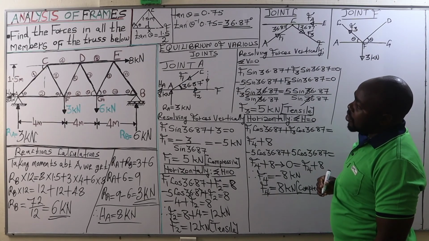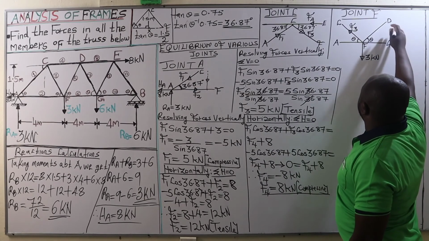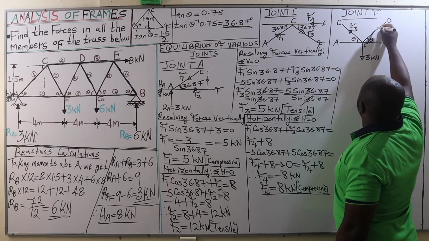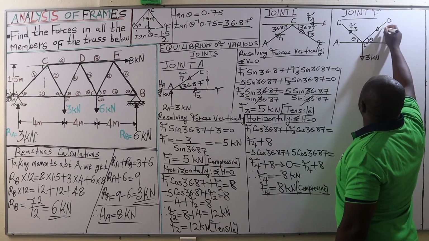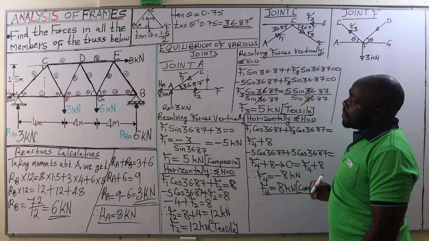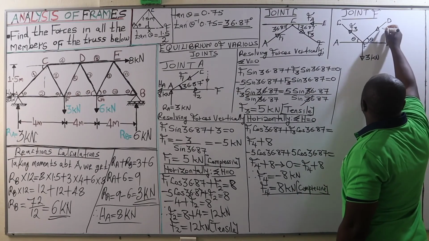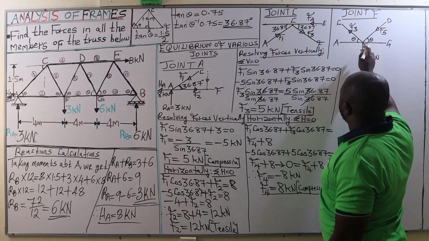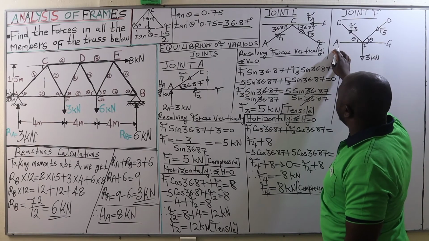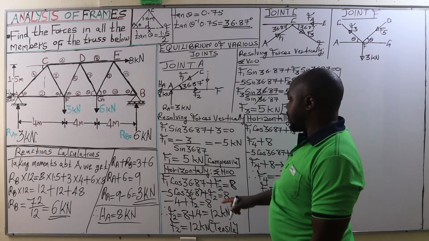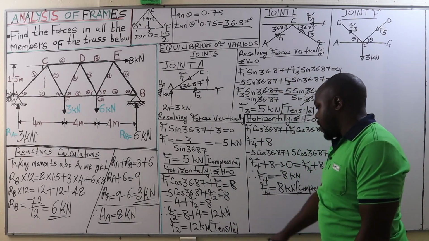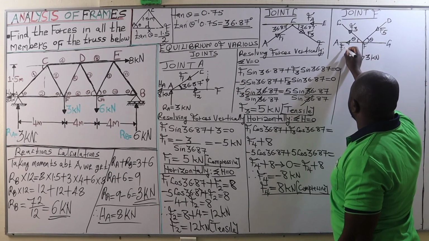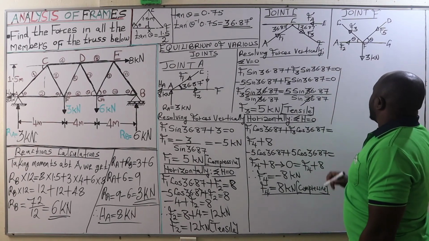On member DF, let's assume that that force is compressing joint F. That is our member 5, and therefore this is going to be F5. The force F2 on member FA is 12 kilonewtons, which is a tensile force, and therefore it is pulling joint F as well. Therefore this is F2, 12 kilonewtons.